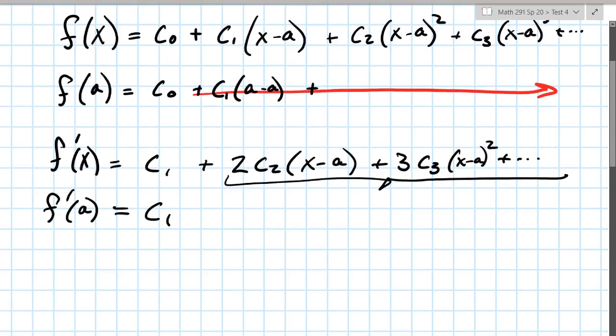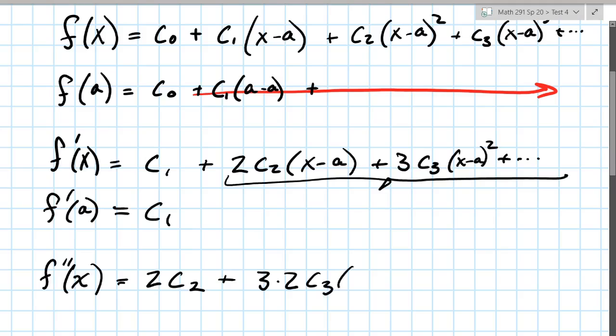We can do this again and find the second derivative as a function of x. So this time c1 goes to 0, and now I have 2 c2 times 1 plus 3 times 2 c3 x minus a to the first plus, if I had kept going, it would be 4 times 3 c4 x minus a squared, but I'm not going to write it out.